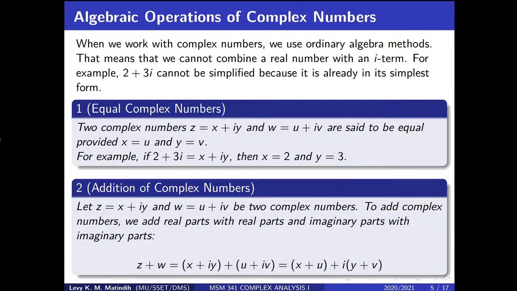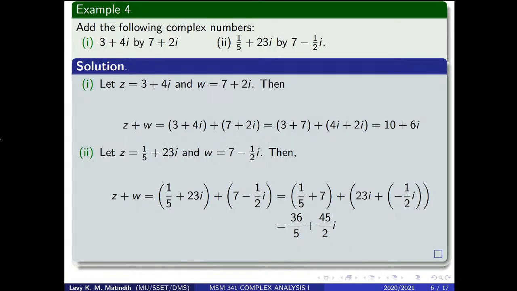An example of this is given in example number 4, trying to clarify what the definition of addition of complex numbers is trying to tell us. Example number 4 is saying add the following complex numbers.